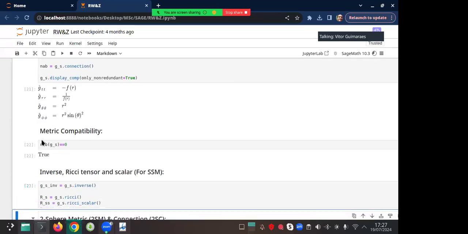Defined a derivative operator. This is the covariant derivative, and taking the covariant derivative of the metric is equal to 0, just making sure that the derivative operator is compatible with the metric.